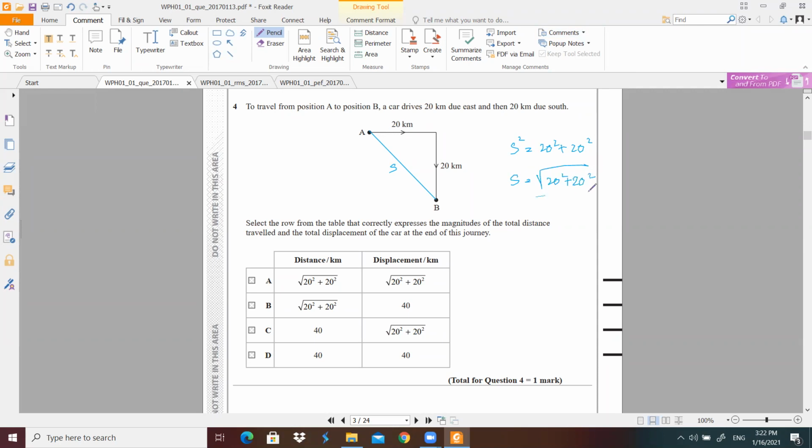So this is my displacement. But as I've been saying, distance is the total path length. So 20 is one of the paths, and the other 20 is the other path. So the total path length would be 20 plus 20, that is 40. So my distance is 40 and my displacement would be this. Let's choose distance is 40, displacement is root over 20 squared plus 20 squared. My answer should be C.